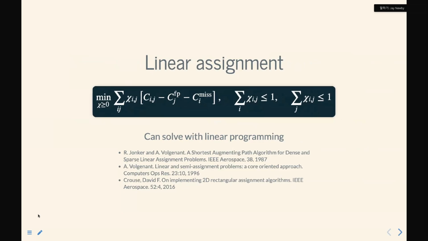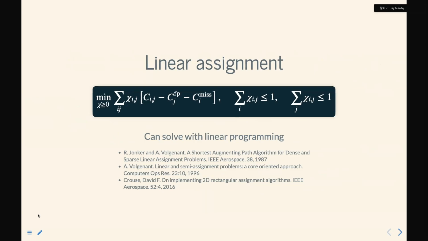The one that is most used and available is one from Jonker and Volgenant, and it's basically a variation on Dijkstra's algorithm, and it has a nice version that can work with sparse data structures. So that's the one we use.